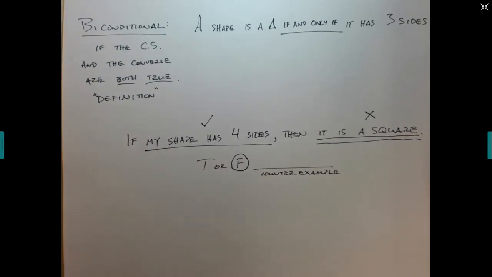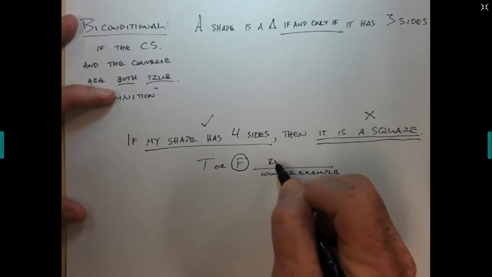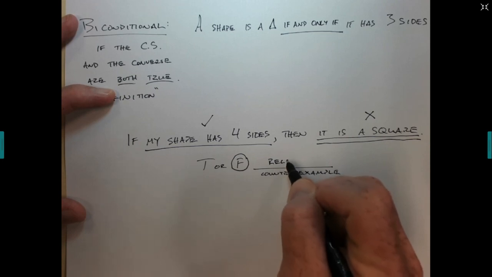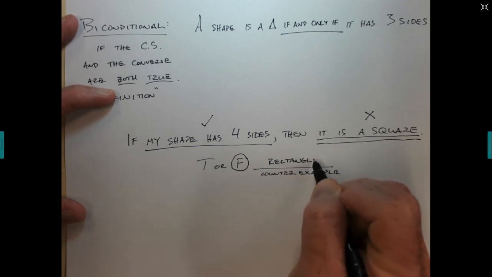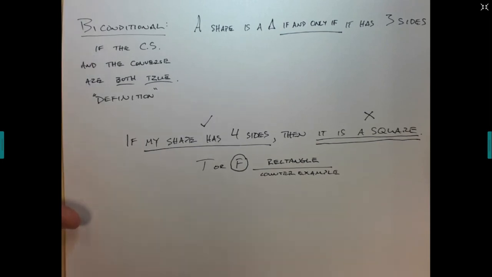There's a bunch of possible answers. You can say a rectangle, a trapezoid, a rhombus, a kite. I'm just going to choose something simple, like a rectangle. A rectangle has four sides, but it's not necessarily a square. A rectangle is a counterexample to this situation.